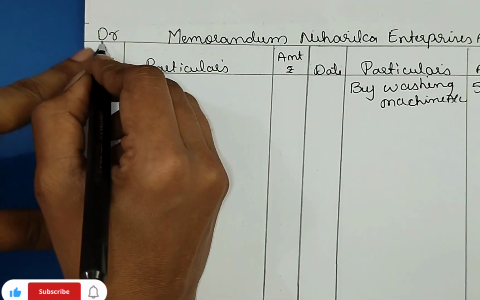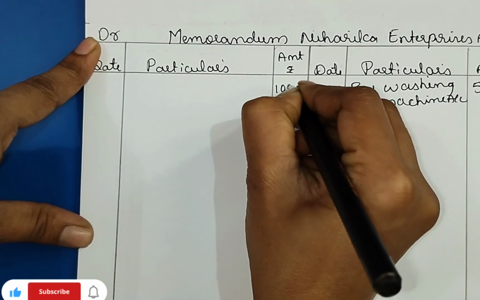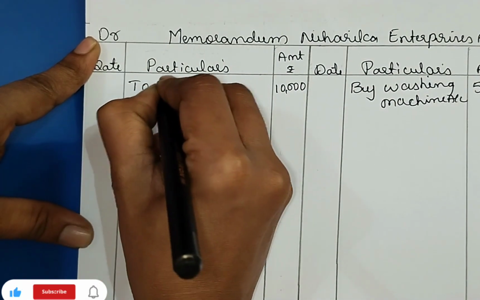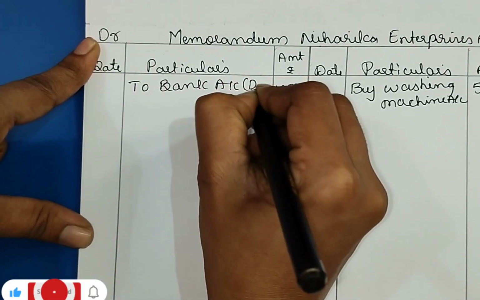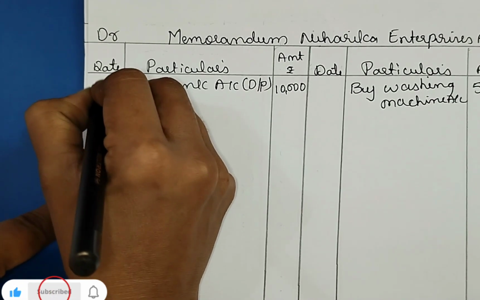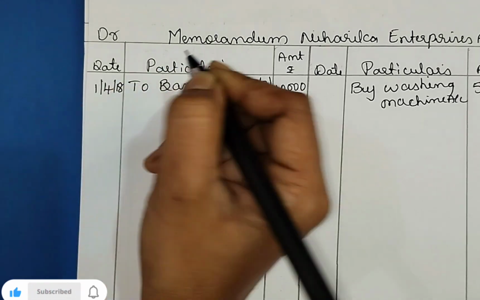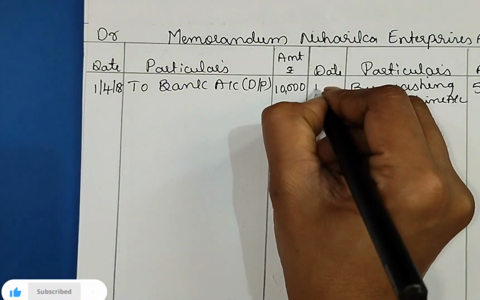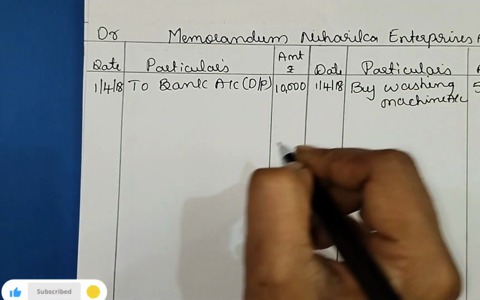Niharika Enterprises account, we debit, receiving the amount of rupees 10,000 by bank account. This is the down payment amount. So when she received this amount on 1/4/2018, here also the date is same.